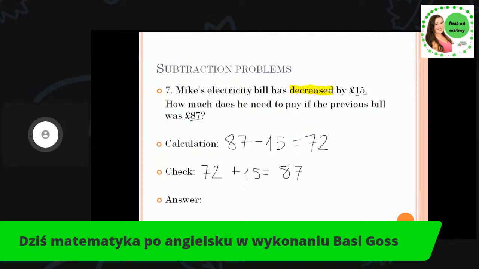Yeah, we can have a sentence. Mike needs to pay £72. Or we can write Mike's latest electricity bill is £72.